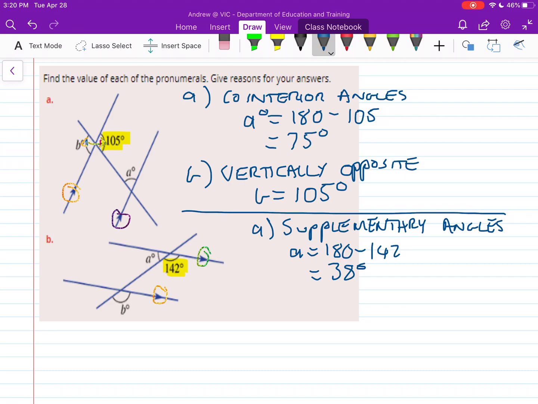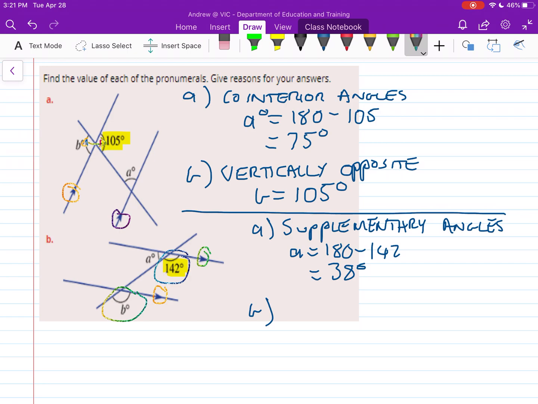So we'll go into B, and we need to see how this relates to the 142. You'll notice that these are in the same spot on different parallel lines. This is where the word corresponding comes in, because it's the same spot but on a different line.